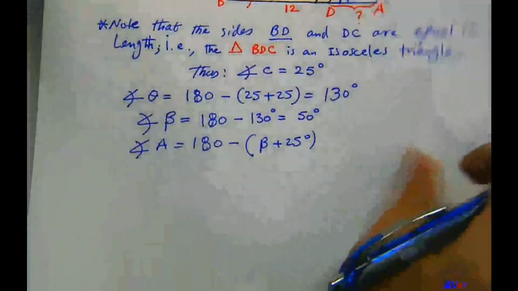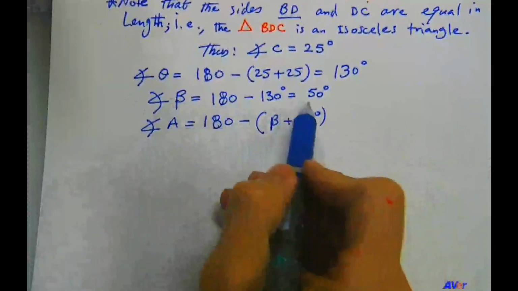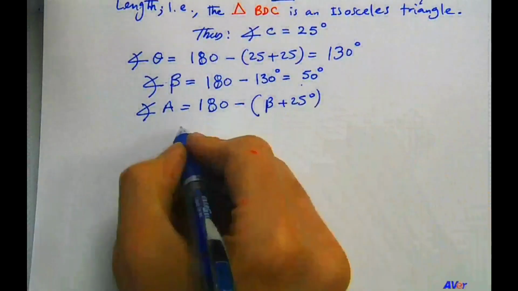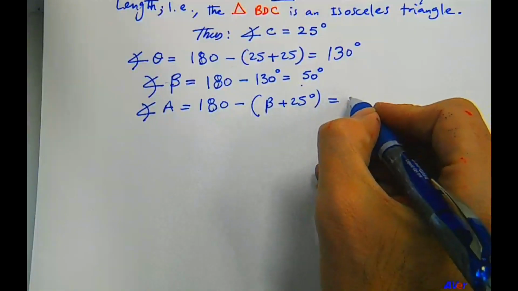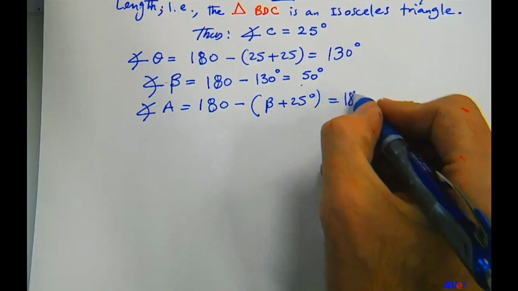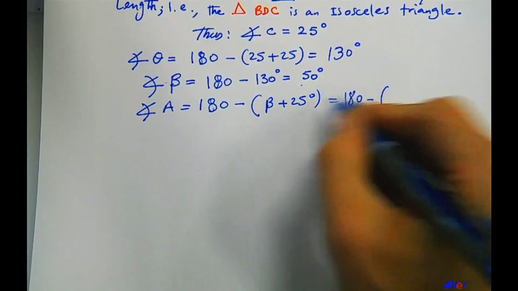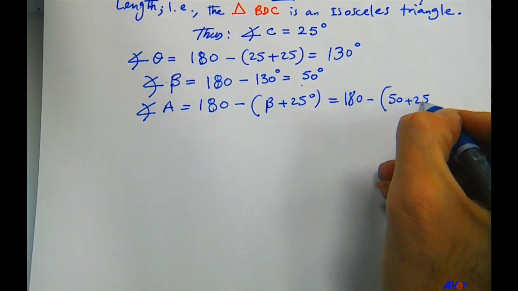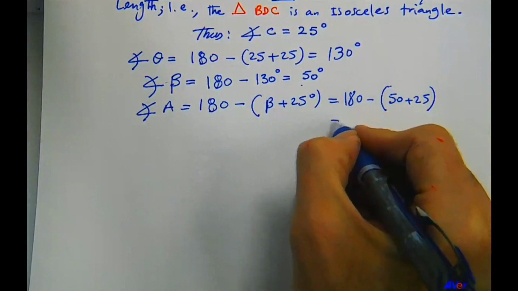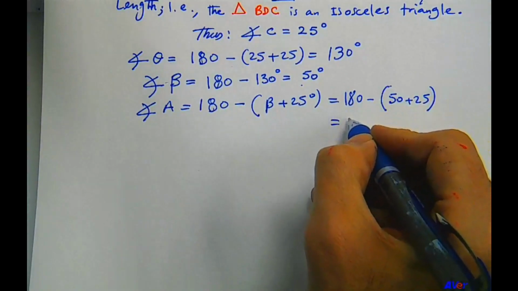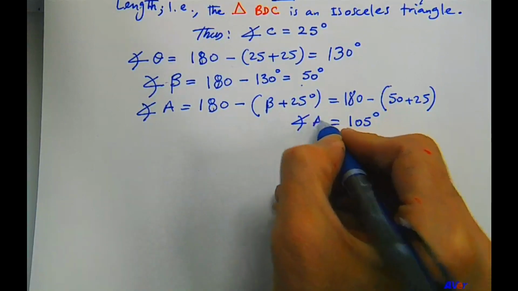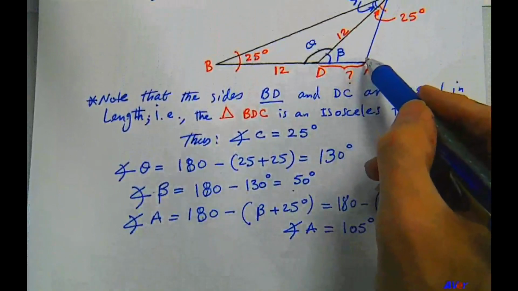And beta is 50 degrees, so we know that. That is equal to 180 minus 50 plus 25. So this will be 105 degrees. That's angle A, which is that angle.